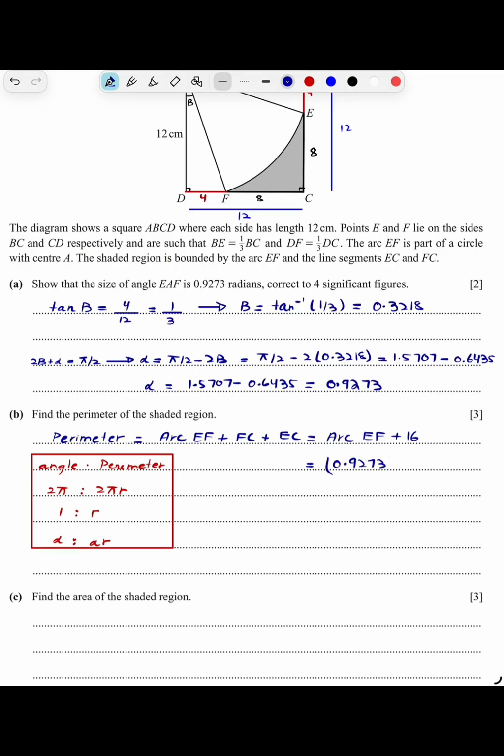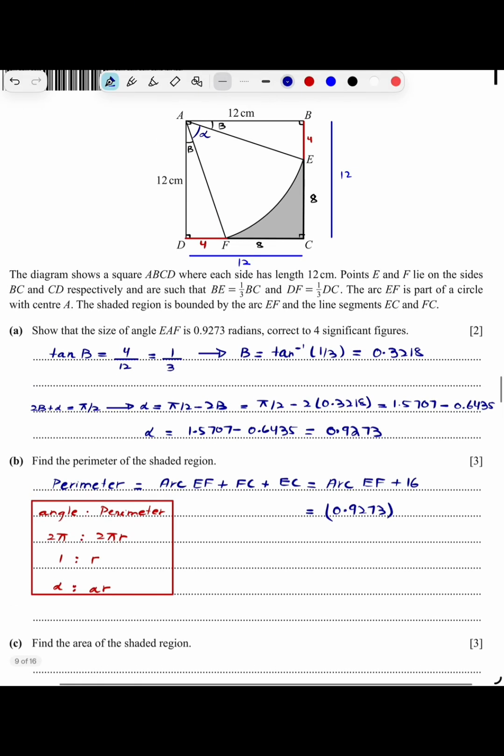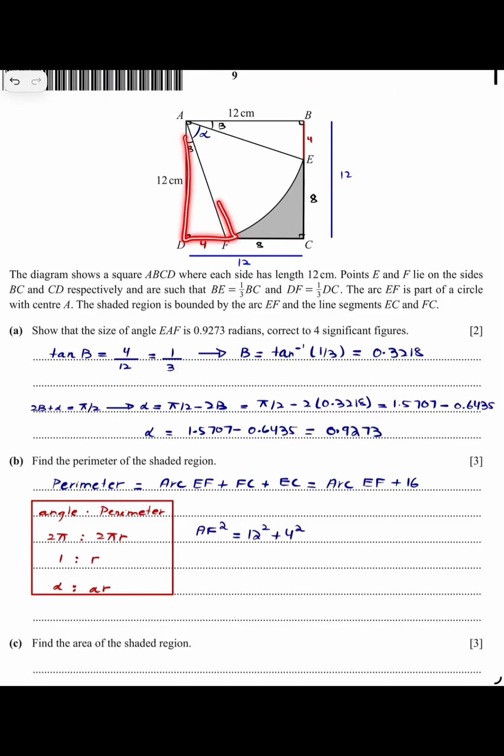0.9273, and the radius, we don't know the radius yet. The radius is either this or this. We can do the Pythagoras theorem. Okay, before I write this down, let's find the radius. So AF, which is the radius, AF squared is going to be equal to 12 squared plus 4 squared, right? I'm just using the Pythagoras theorem because this is a right angle triangle.